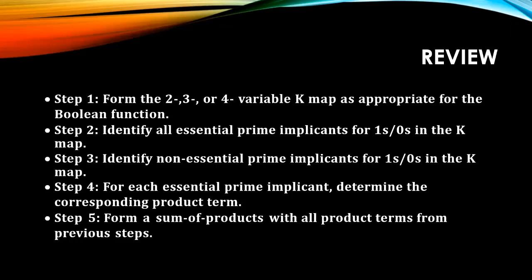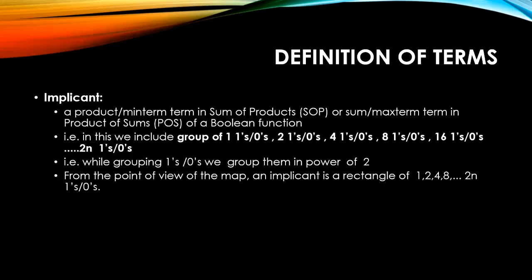Let's define again what an implicant and a prime implicant are. Implicants are product terms or min terms in a given equation, which is the SOP, or it could be a sum term or max term in a given product of sums.